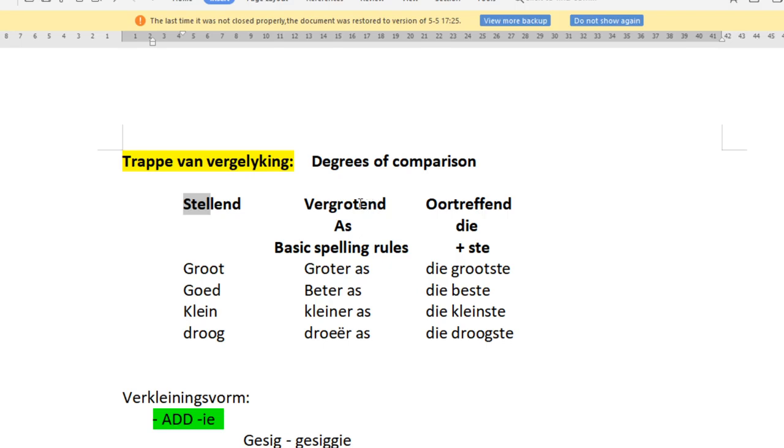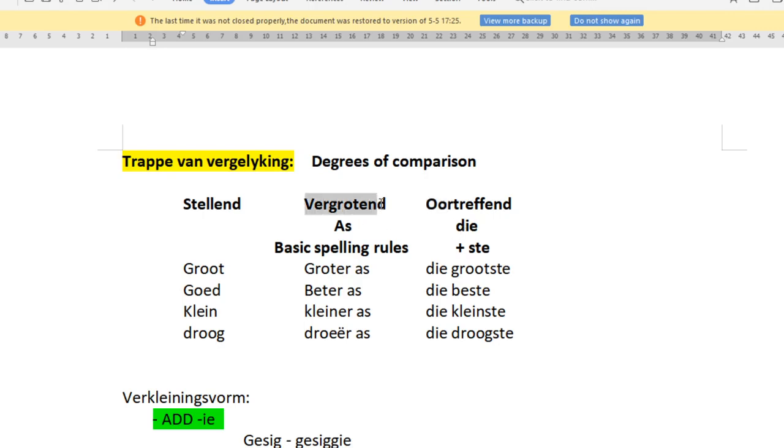Then we've got vergroot. Groot means big, so we're making it bigger. And then oortreffend, oor means over, so it's over the top. So we state something, we make it a little bigger, and we go totally over the top. So, stellend, vergrotend, oortreffend.